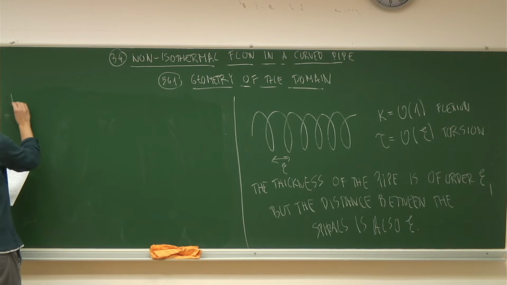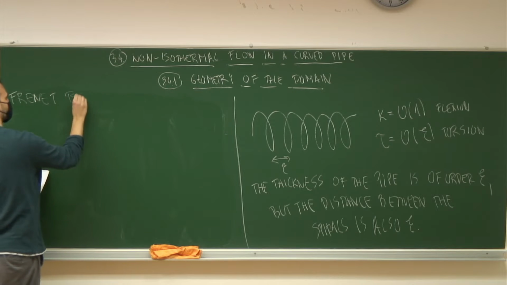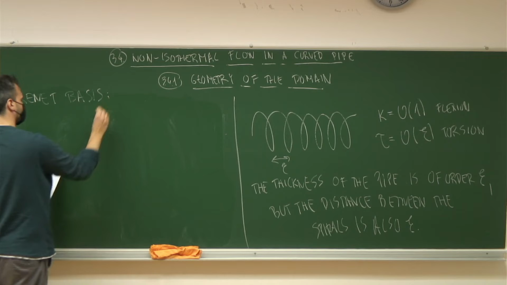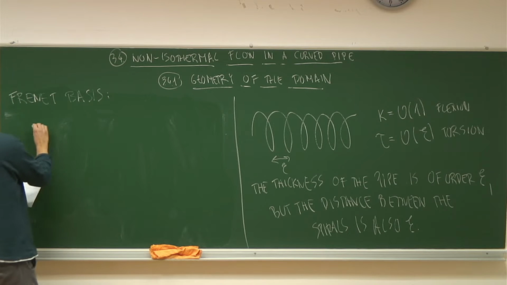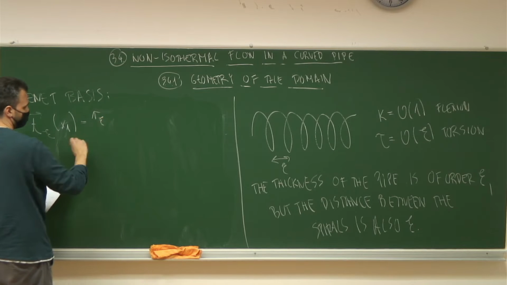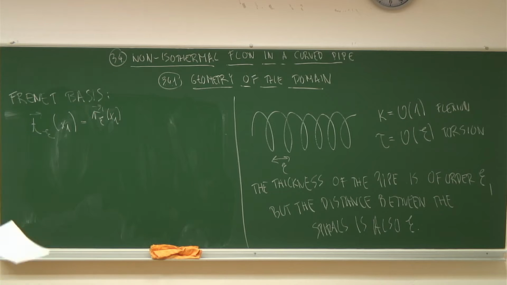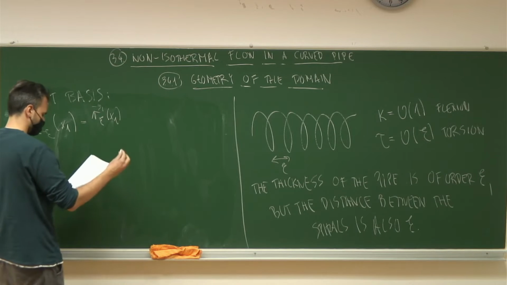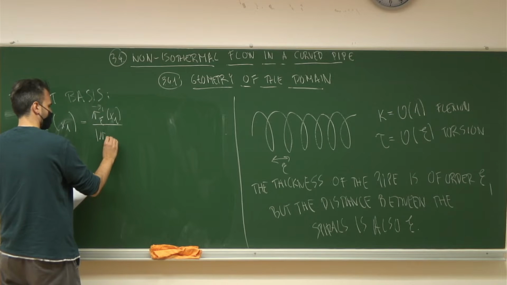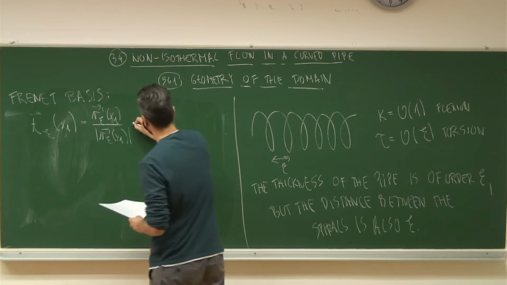So we can work with the Frenet basis. The tangent t epsilon of x1 is defined from this R epsilon, the parameterization of the central curve, as the derivative of R epsilon at x1.